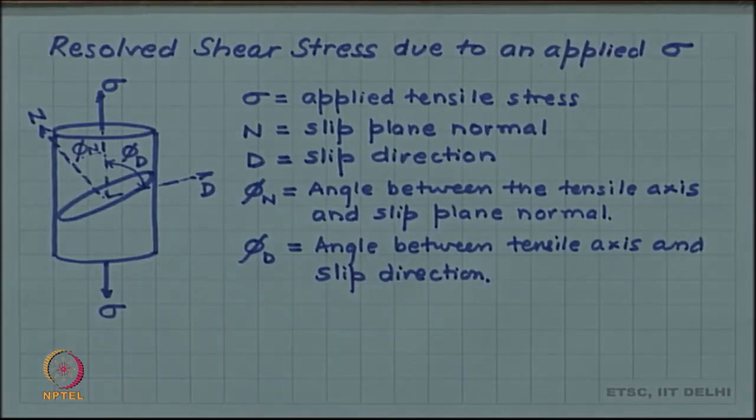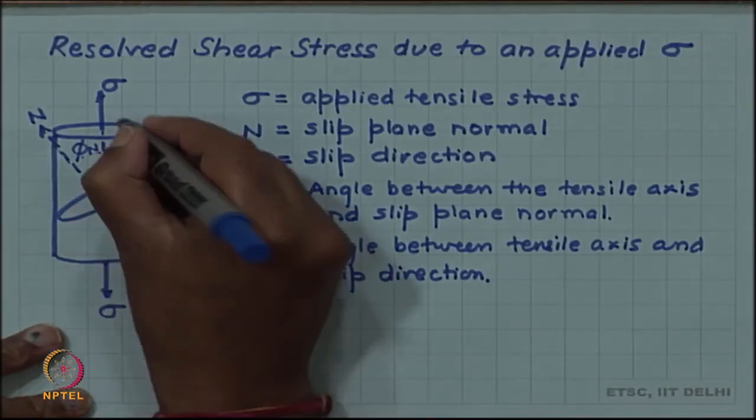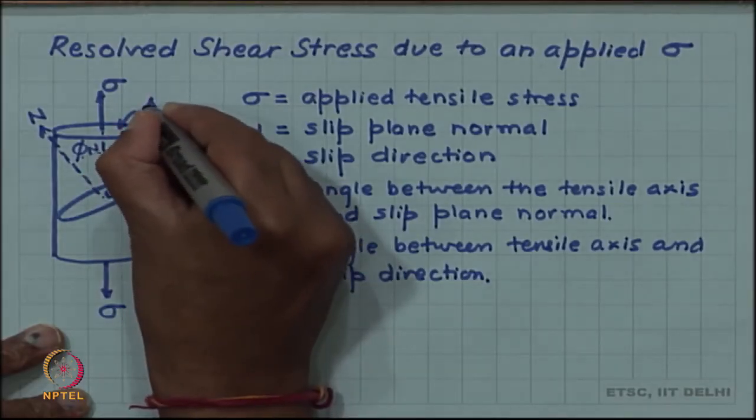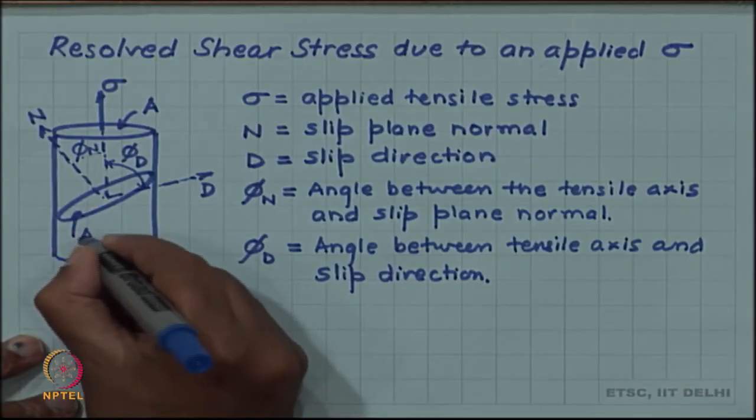So, with these variables we can try to find the resolved shear stress tau. Let us also define, we will need this, the cross sectional area A and the area of the slip plane AS.